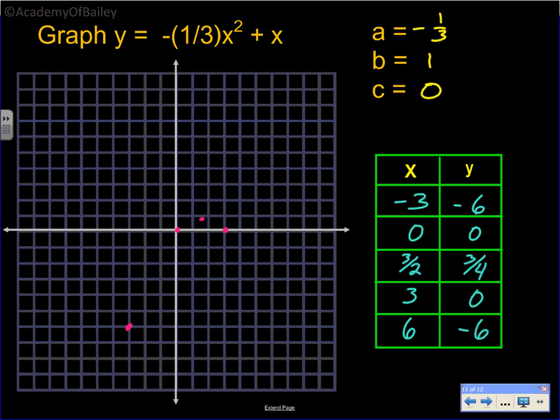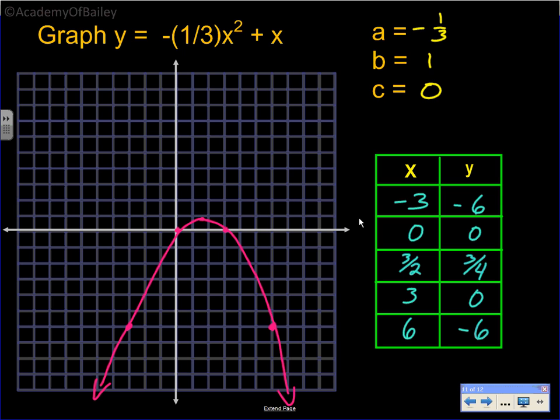And there's what the graph should look like. Make a round, smooth curve at the vertex. And this is the graph of y equals negative 1/3 x squared plus x.